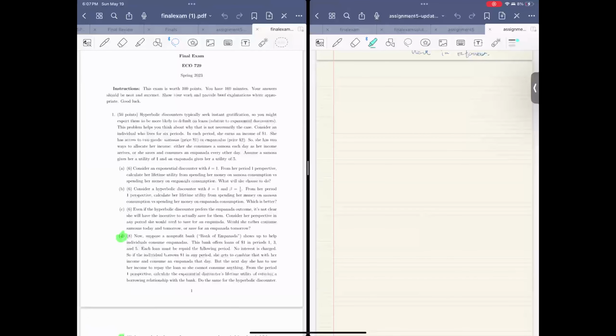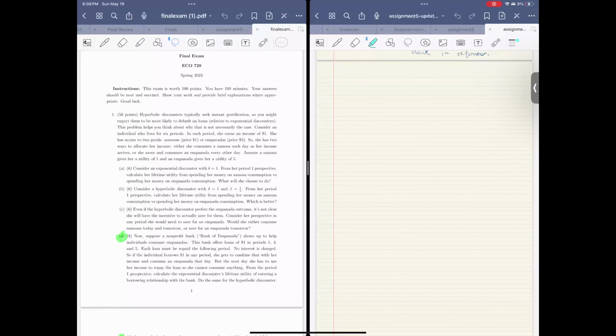How about this one? Consumers typically seek instant gratification, so you might expect them to be more likely to default on loans. This problem helps you think about why that's not necessarily the case. Consider an individual who lives for 6 periods. In each period, she earns an income of $1 and has access to two goods, samosa and empanadas.